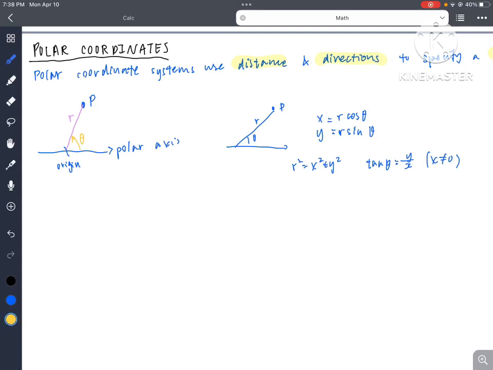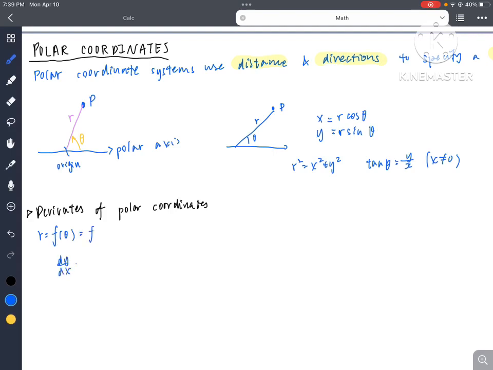differentiate. And now let's just look at the derivatives of such coordinates. So similarly to the parametric functions, we can just use the chain rule to take the derivative. Let's say that to find the slope of a polar curve, r is equal to f of theta, or we can just write it as f.